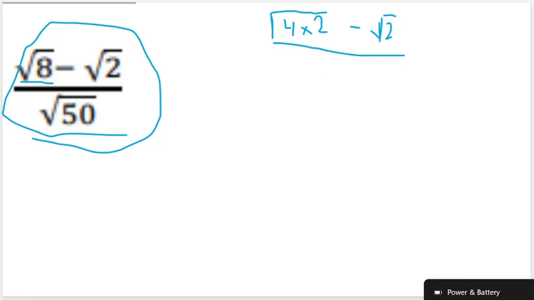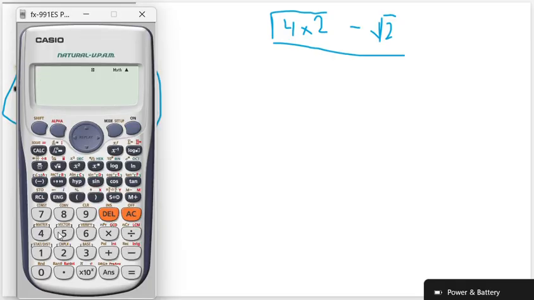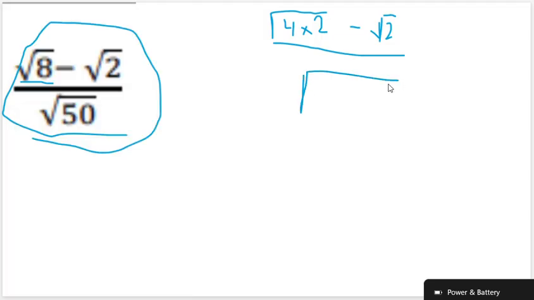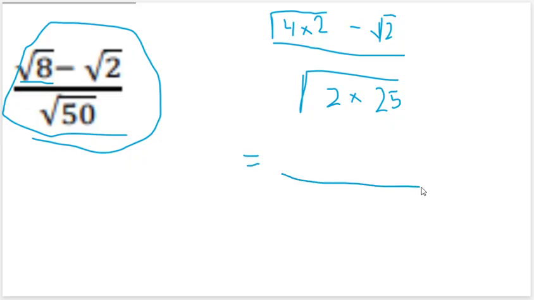Now let's go for 50. So we're going to write 50 equals, shift fact, 2 times 25. Now, why am I writing it like this? You will see, remember that root of 4 is possible because 4 is a perfect square.